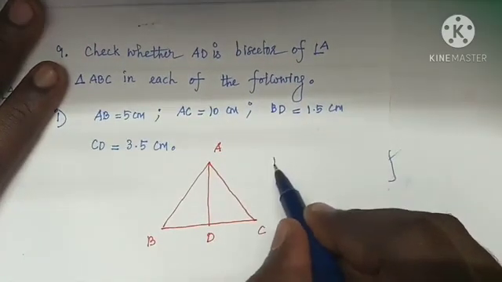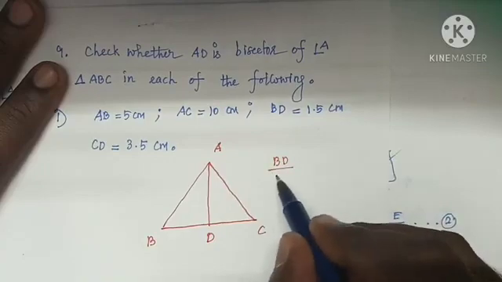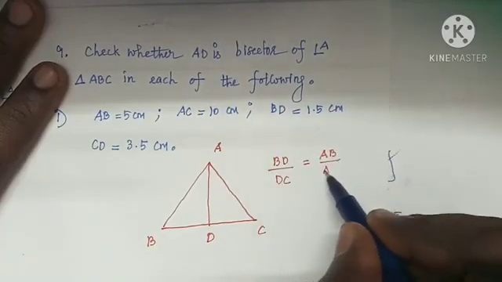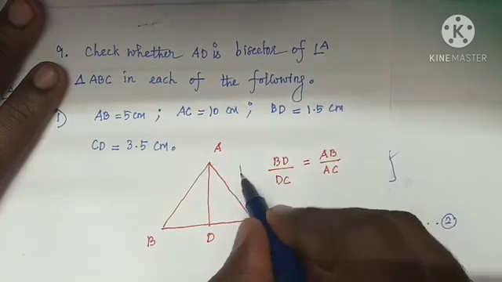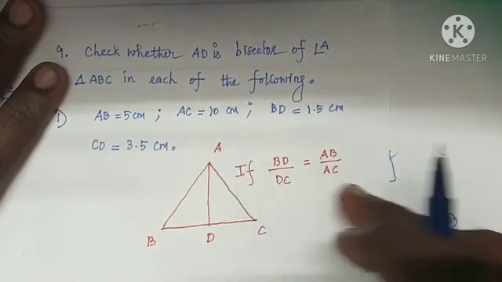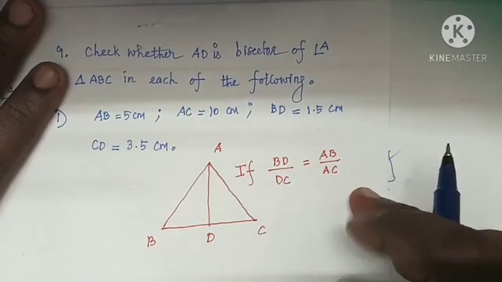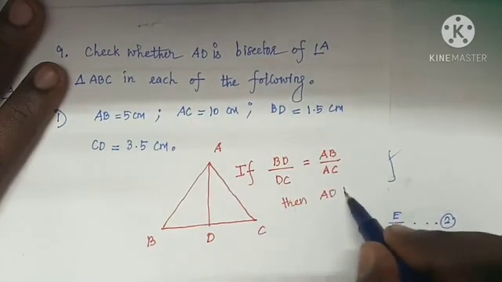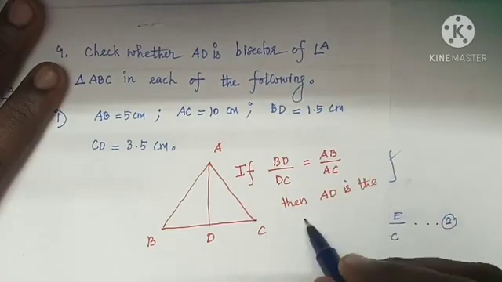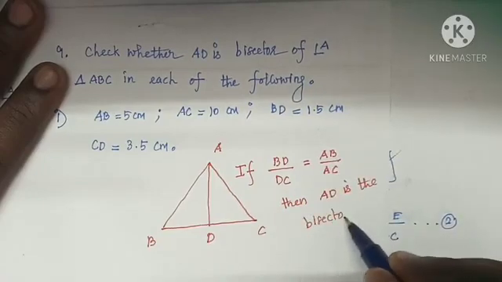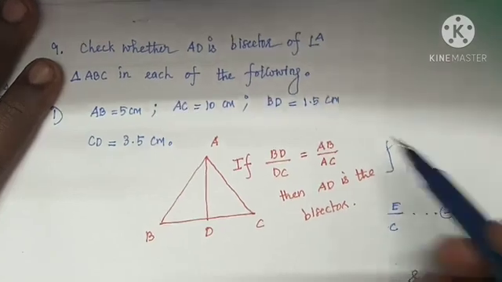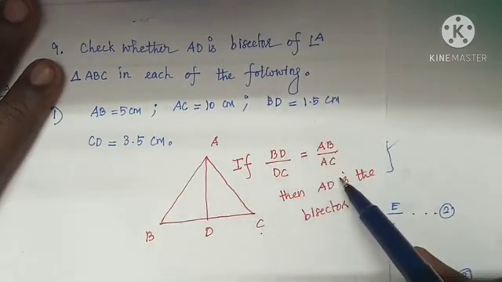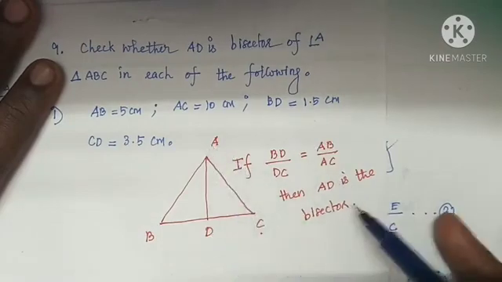So BD by DC is equal to AB by AC. If these ratios are equal, then AD is the bisector. This BD by DC equal to AB by AC means AD is the bisector.